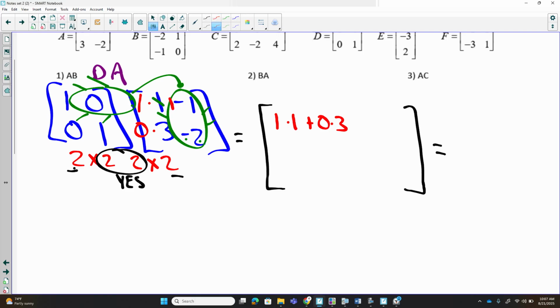So you're going to multiply those two numbers together. I'll do it in green to separate it so you can see it. But it's going to be 1 times negative 1 plus 0 times negative 2. That gives you the second one.